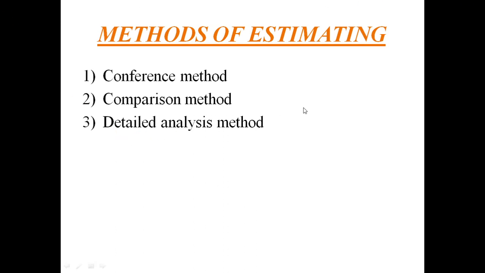And third one is detailed analysis method. The detailed analysis method involves calculation of all raw material usage including scrap allowances and salvage materials. The processing of each individual component, writing the operation sheet, determining the production time and direct labor for each operation.